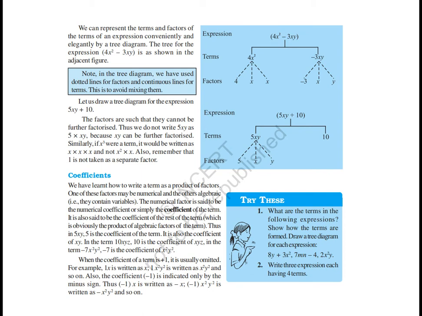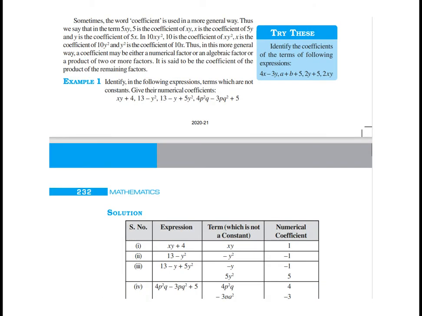Second term is 10. 10 तो कांस्टेंट ही है, इसमें कोई वेरिएबल ही नहीं है. तो इसमें कोई कोएफिशिएंट नहीं होता है. कोएफिशिएंट होता है ओनली इन दोज टर्म्स जिसमें फिक्स्ड नंबर भी है, कांस्टेंट भी है एंड वेरिएबल भी है. तो वेरिएबल इज वेरिएबल एंड जो कांस्टेंट पार्ट है, जो न्यूमेरिकल पार्ट है, नंबर पार्ट है, दैट विल बी कॉल्ड एज कोएफिशिएंट.